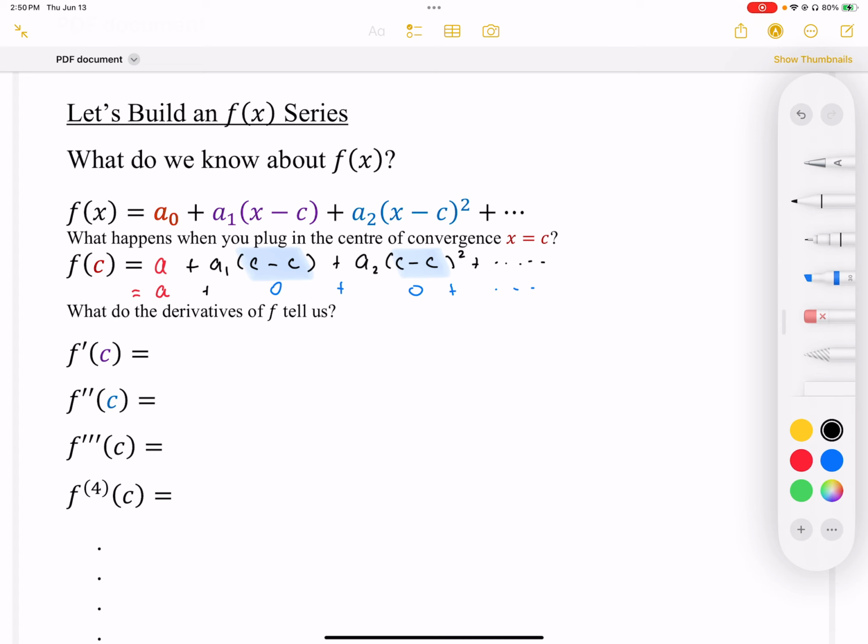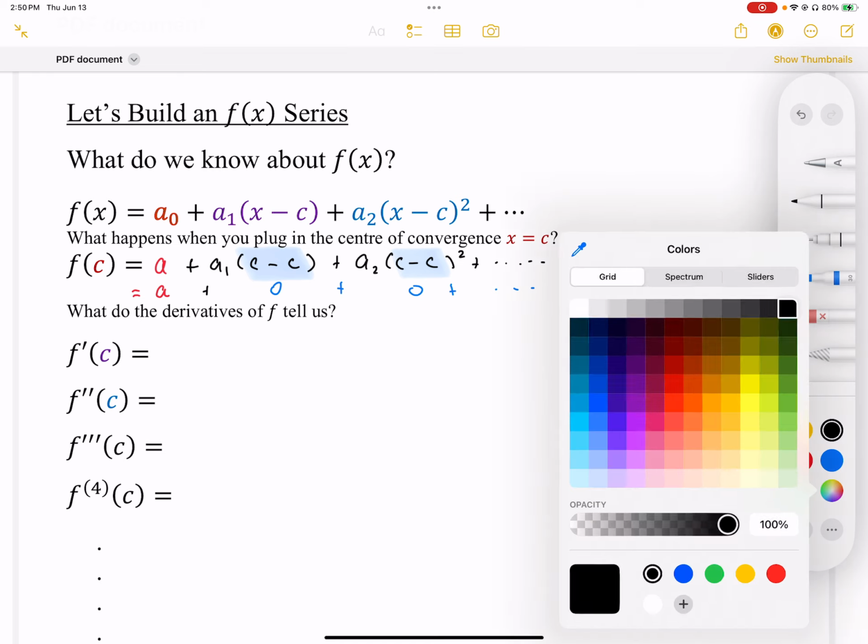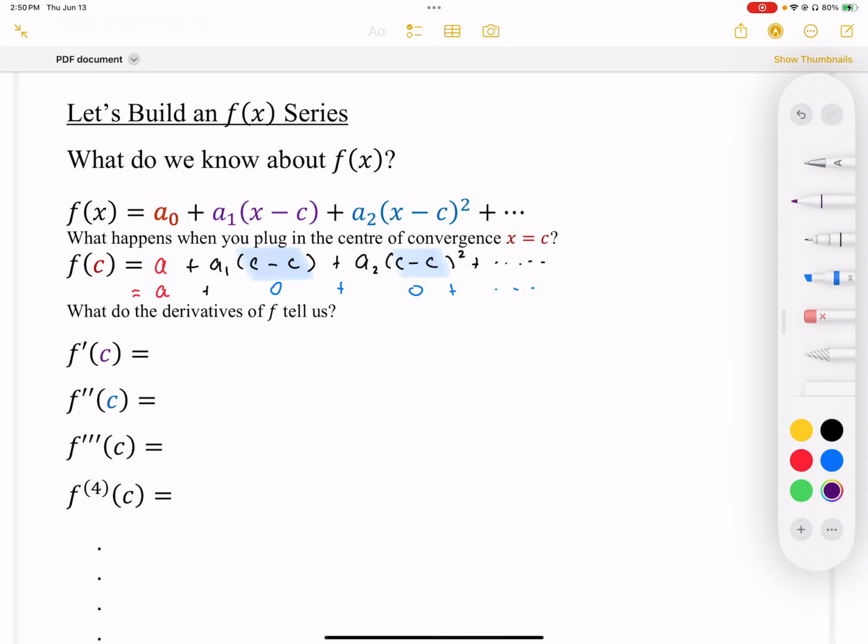Well, that's nice. We know the first term of that series. What else do we know? What happens if we take a derivative? The a0 term differentiates to 0. For the a1 term, the power 1 comes down, so we end up with 1 times a1. (x minus c) becomes power 0, so that just becomes a constant.